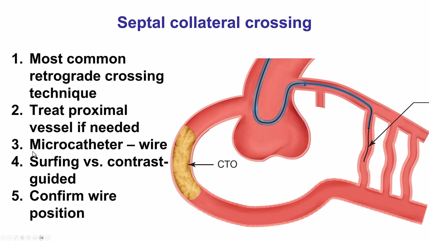Then we use 150 centimeter long microcatheters and either the SUO3, which I recommend as the initial one, or the Sion or a polymer jacketed wire, such as the Sion Black and the Fielder XTR, with a small distal bend to cross through the collateral. And after the wire advances to where we think is in the distal true lumen, we always want to do an injection from the donor vessel to confirm that the wire is in the true lumen before advancing the microcatheter over the guidewire. Thank you.